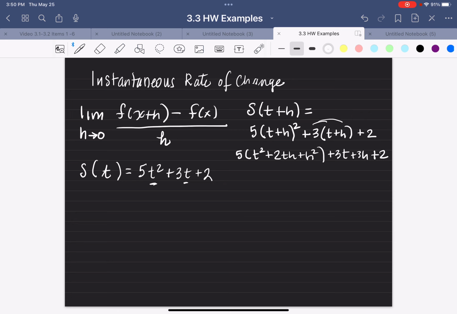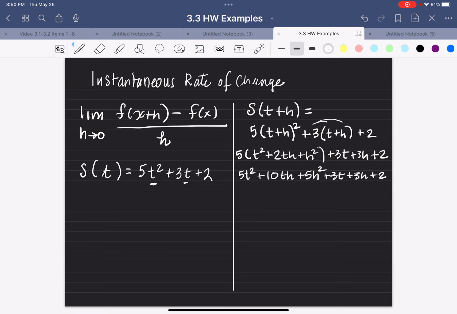And then finally, I've got to multiply that 5 all the way through there, so 5t squared plus 10th plus 5h squared, and then plus 3t plus 3h plus 2. So it's a really long expression, and there are no like terms.